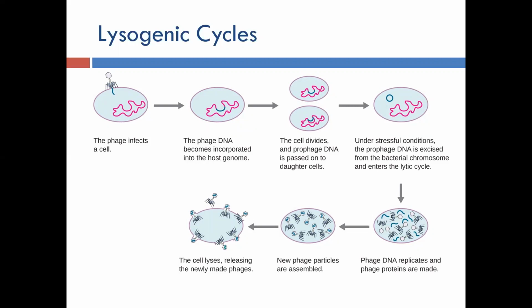At any point where stressful conditions are endured, the bacteria get rid of that phage chromosome, releasing it from its structure, and then the lytic cycle is entered. The phage breaks down the chromosome of the bacteria and starts multiplying and creating viral chromosome structures, viral proteins, capsids and cores to create new phage particles. The phage particles become assembled, and the cell then lyses and releases newly made phages.